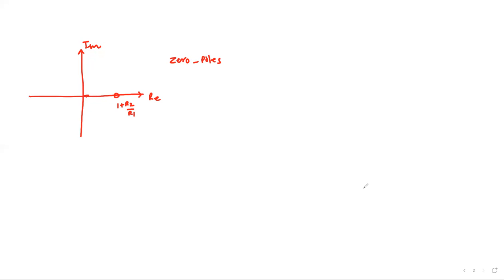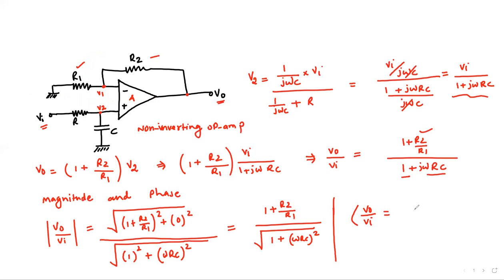Okay, and that's why we can write here, the phase of this numerator is zero minus inverse tangent of the imaginary part, which is omega RC, divided by the real part. Okay, so that's the expression for the phase, which turns out to be minus tan inverse omega RC.